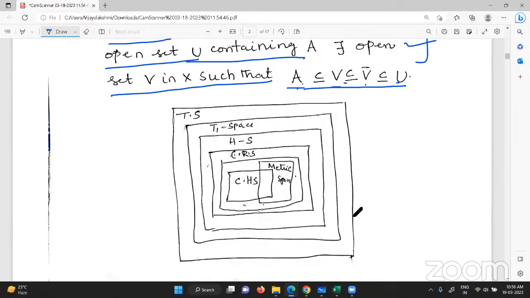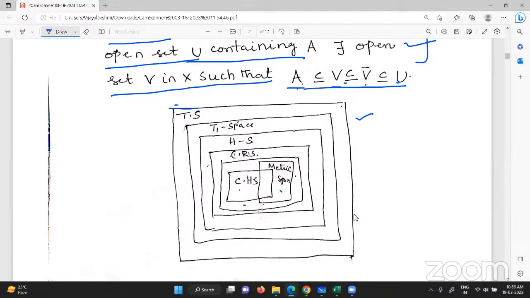Next, let us have one glance. Many times you are asking to explain with diagrams, so that is the reason. Here, this will be a topological space. Under the topological space, you have T1 spaces, Hausdorff spaces, completely regular spaces, normal spaces, and metric spaces.